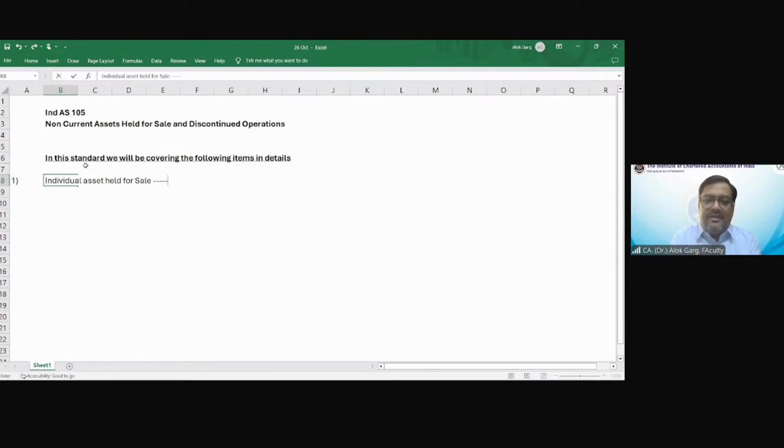And we will call it a non-current asset held for sale. We will call it a non-current asset held for sale, NCA HFS. Held for sale, I'll call it HFS, okay? NCA HFS. Perfect.